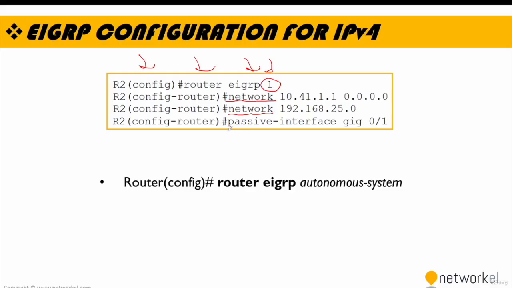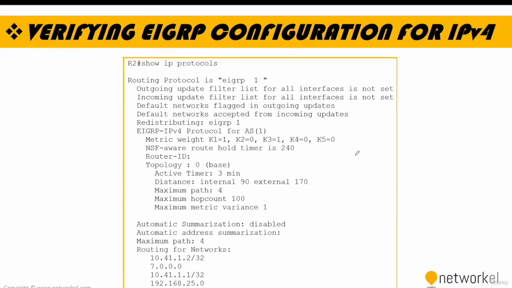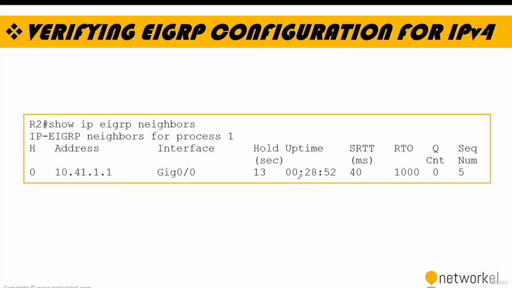Then we finally have the same passive-interface command, for an interface where we don't want to send any hello packets. How do we verify the EIGRP configuration? By using the show ip protocols command. It will show you the autonomous system, the timers, the maximum paths for that particular AS number, and a bunch of other information as well.